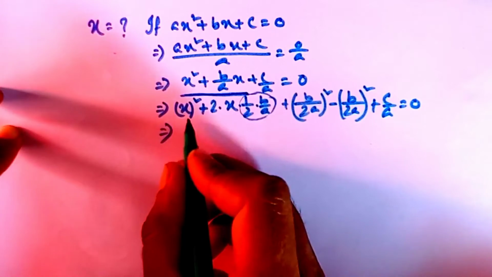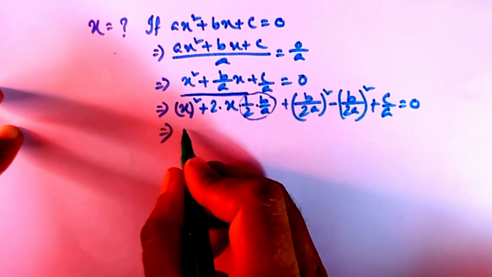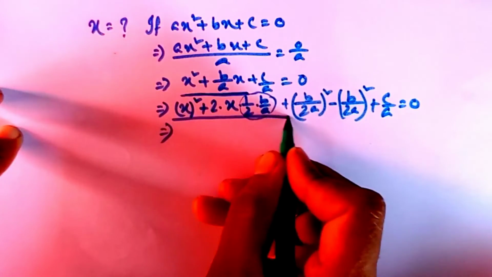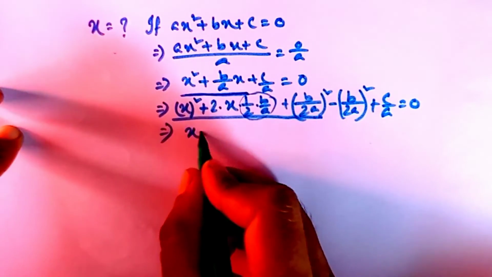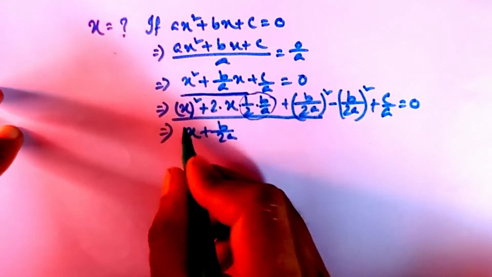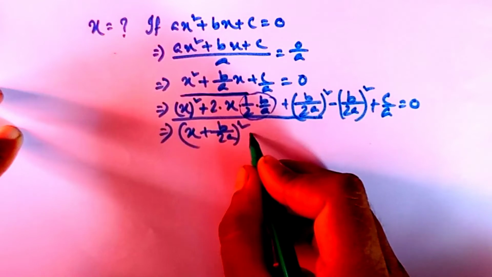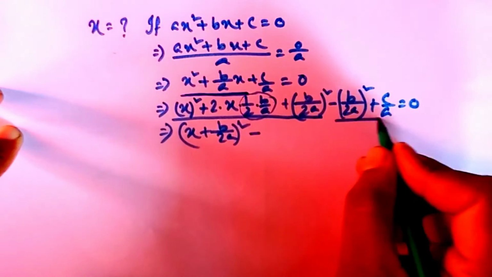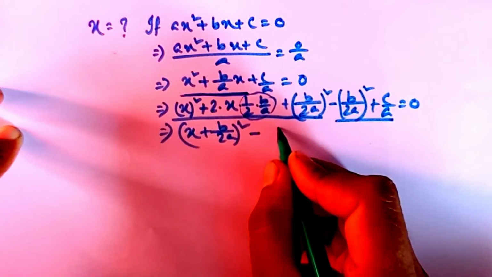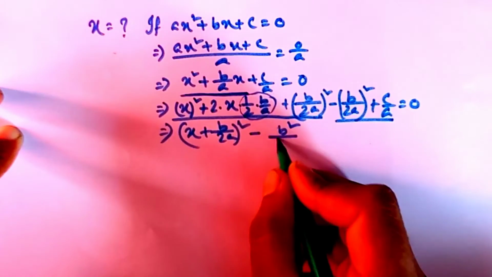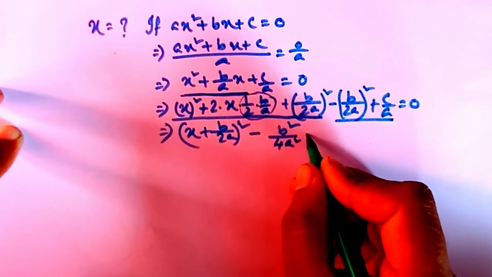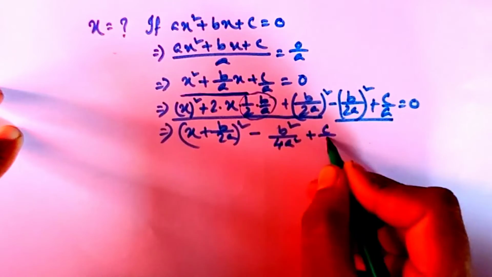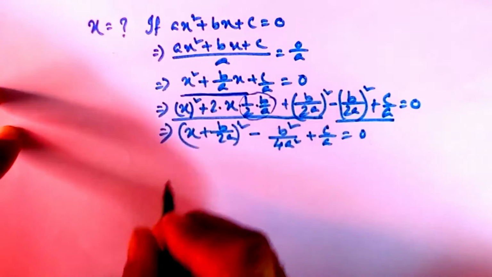So now this makes the formula of x plus b by 2a whole square, and the rest is plus c by a equal to 0, so b square by 4a square plus c by a is 0.